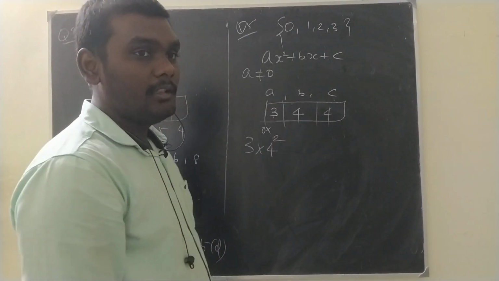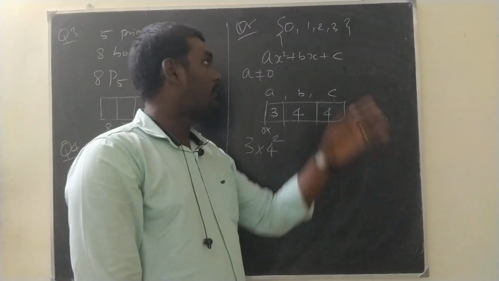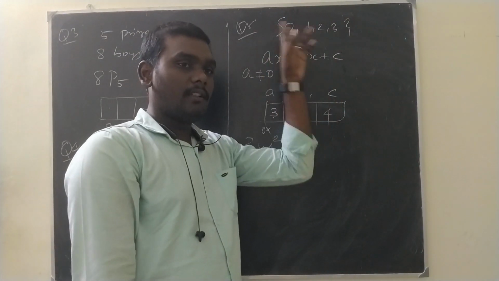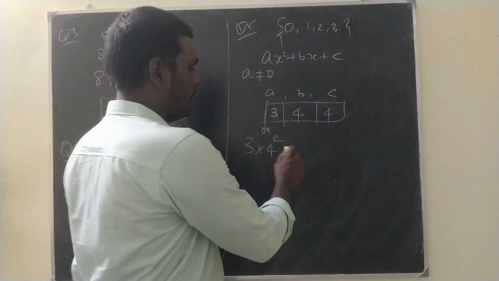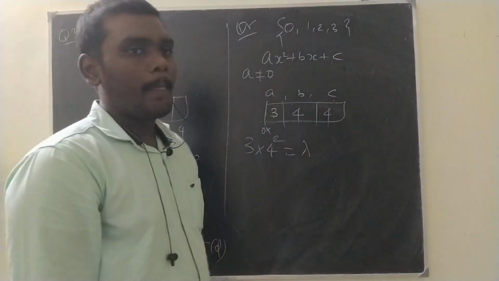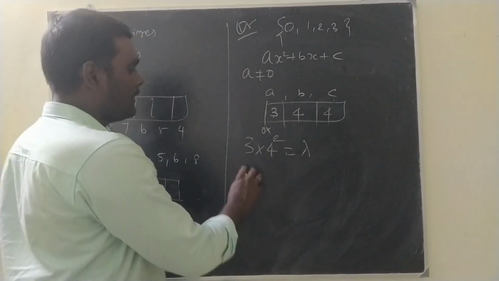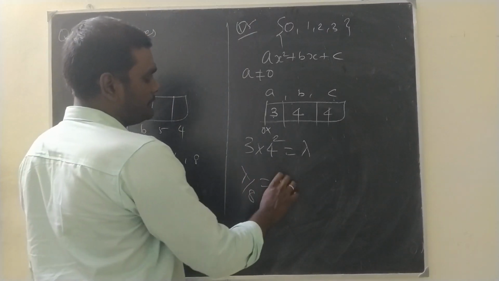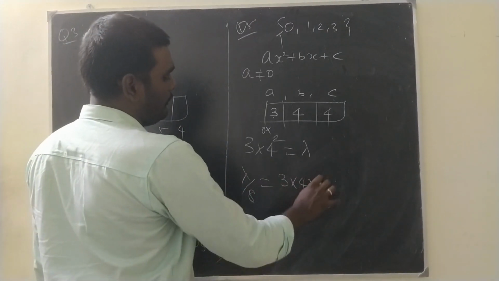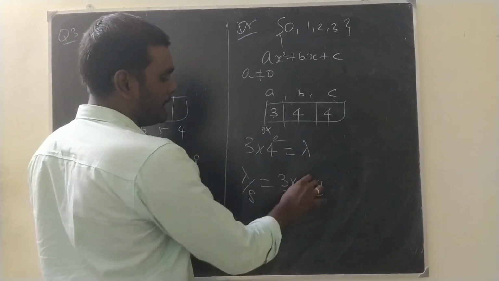As per the question, the number of quadratic expressions that can be formed using the elements of the set is lambda. So this one is lambda. And they are asking lambda by 8. What is lambda by 8? 3 into 4 into 4 by 8.